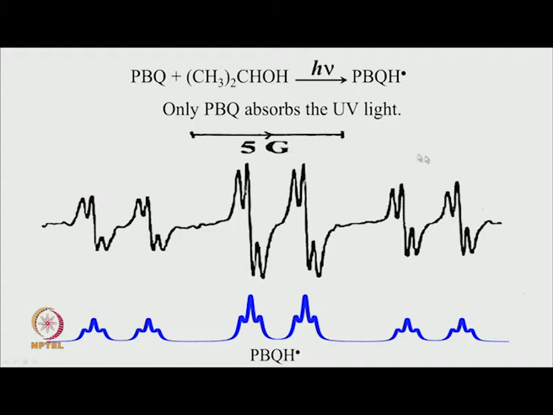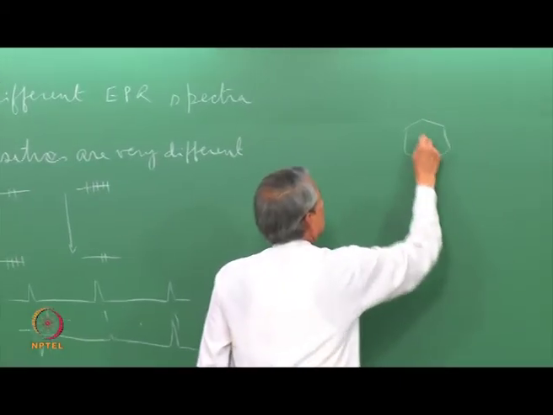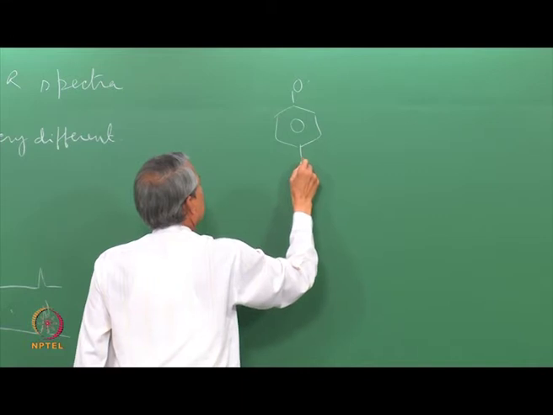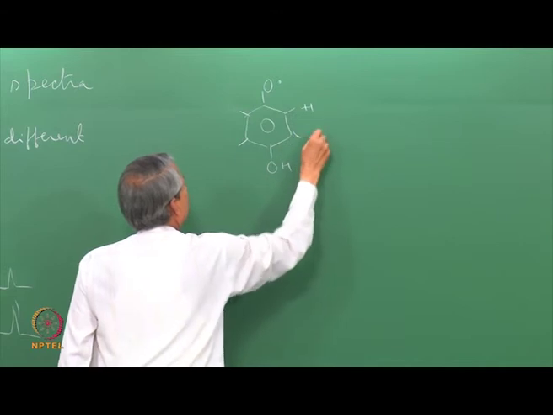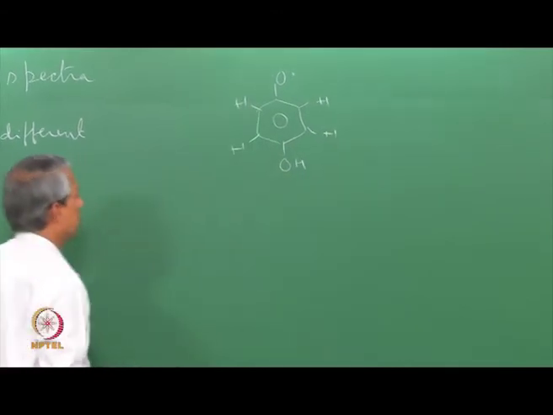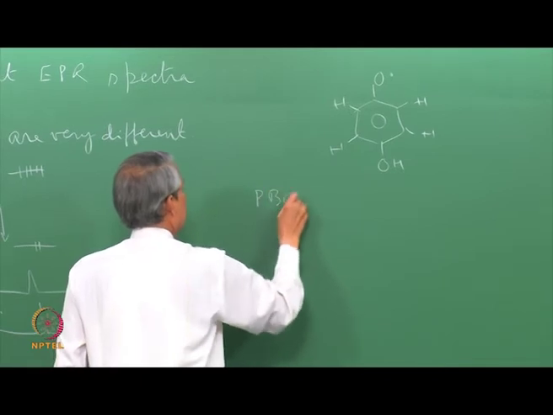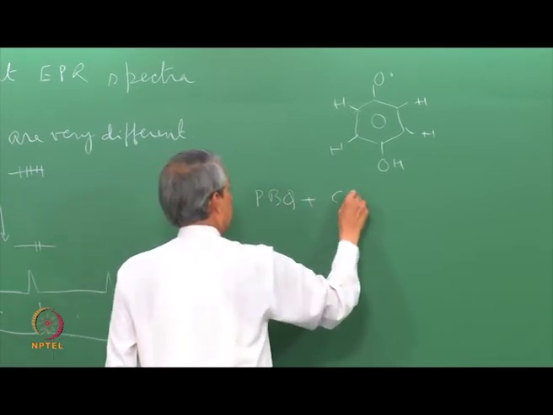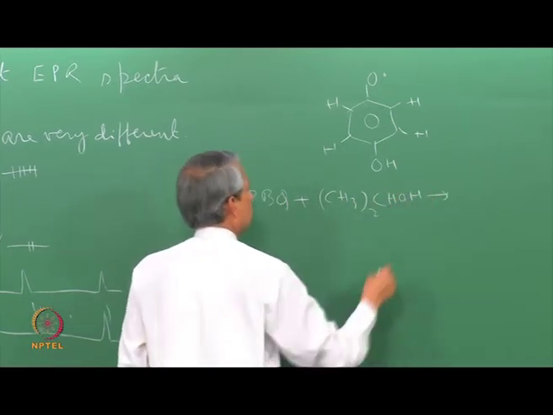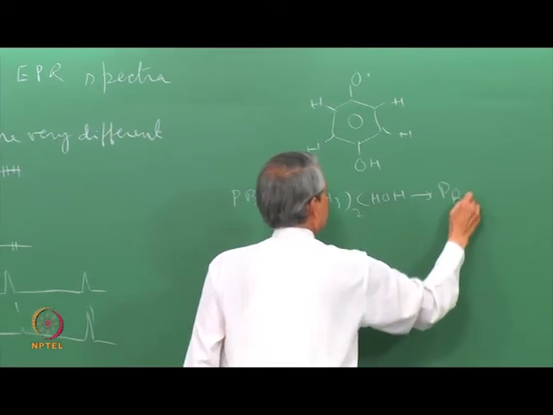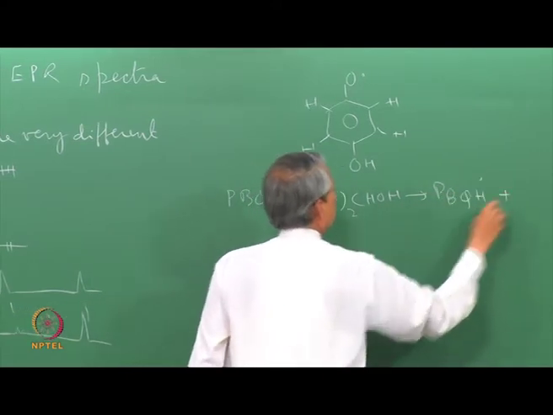One can get the EPR spectrum of this kind, and this is the radical that we have attributed to this radical, and the reaction is parabenzoquinone plus isopropanol gives this parabenzoquinone radical.